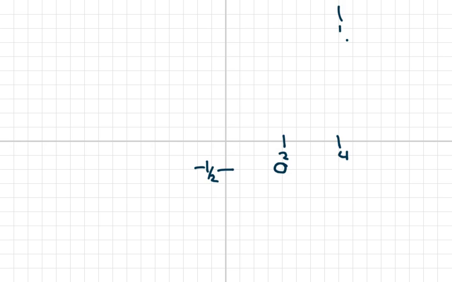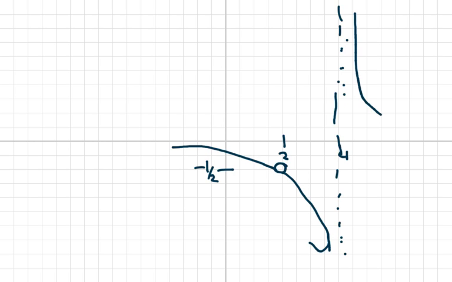You can't have both a hole and an asymptote at the same place, so we have an asymptote here. And this is what's happening to the graph. It keeps getting closer and closer, and the asymptote here at 4 goes like this, something like this. And this would be, say, 6, would be here.